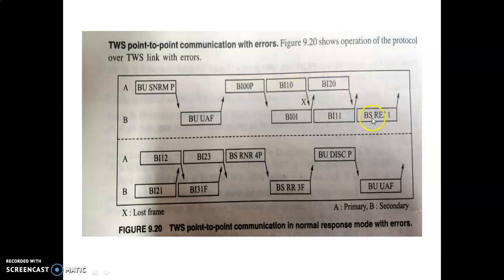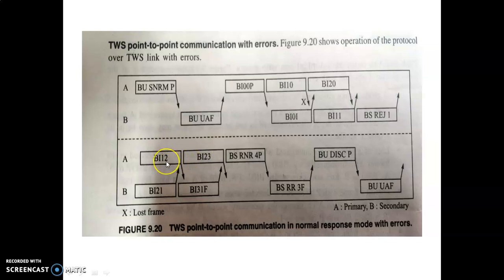So it sends a supervisory frame telling A to send I1 again. It is sending this command reject 1: send me I1 again. When this is received on the other side, A understands that B wants I1, so it sends I1 over here and then I2.